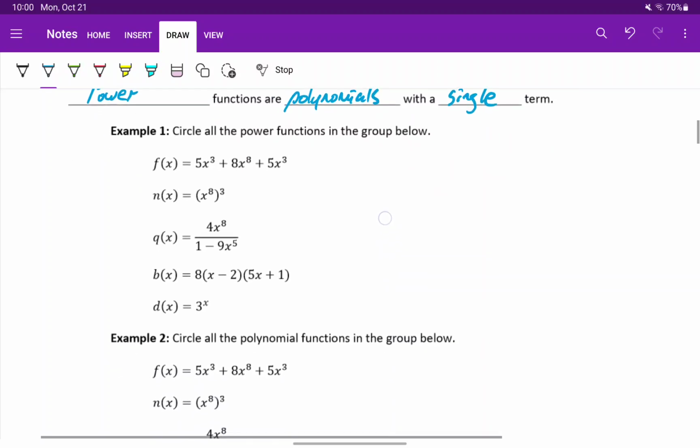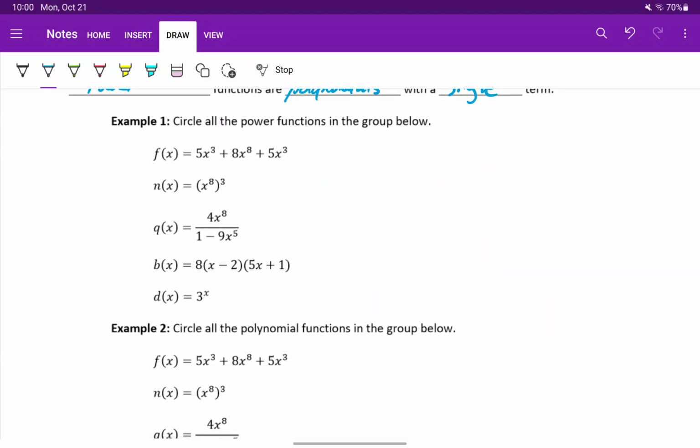So let's work on identifying first a power function. Keep in mind what we're looking for is a polynomial with a single term. That means f of x is out. This can't be a power function, it has too many terms. N of x might not look incredibly obvious right from the start, but knowing that we can use properties of exponents to multiply those powers together, this is the same thing as x to the 24th power.